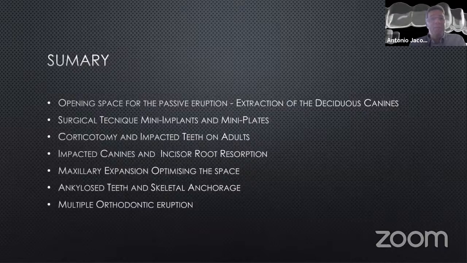And then at the end, I will talk a little bit about ankylosed teeth and skeletal anchorage. And if we have time, we can show a very nice case where I have erupted 18 teeth in one single patient. So it will be a multiple orthodontic eruption. So let's go.